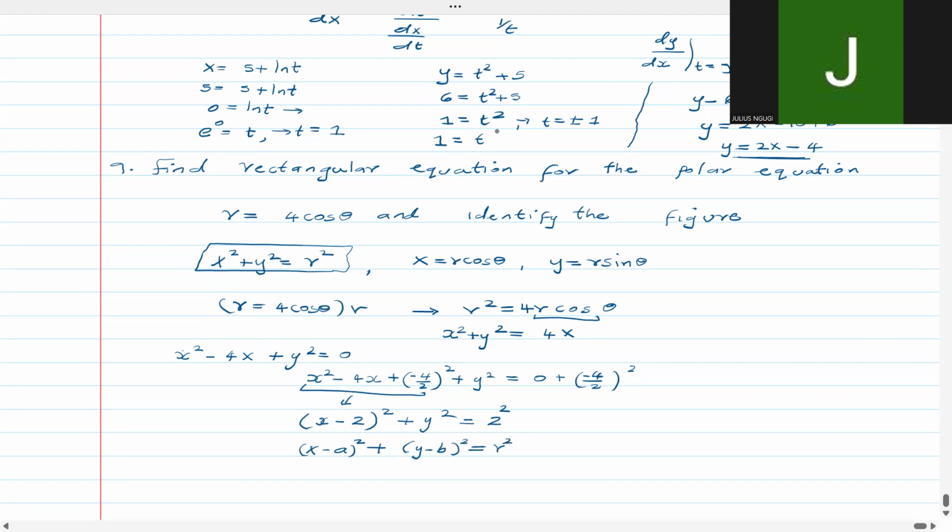This is the general equation of a circle with center (a, b) and radius r. So in that case, a is 2, b is 0, and r equals 2.